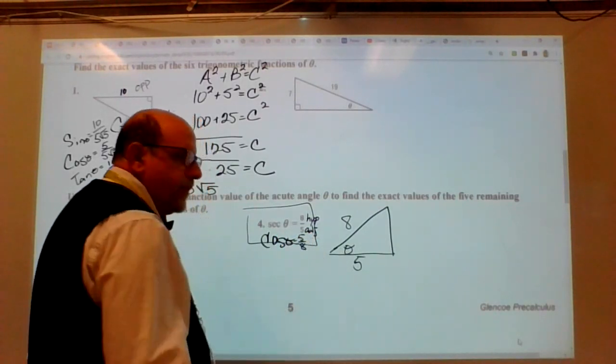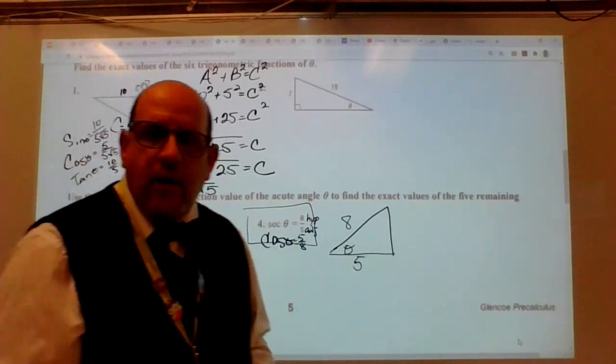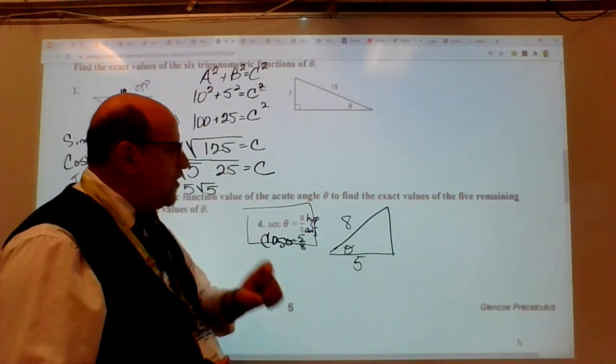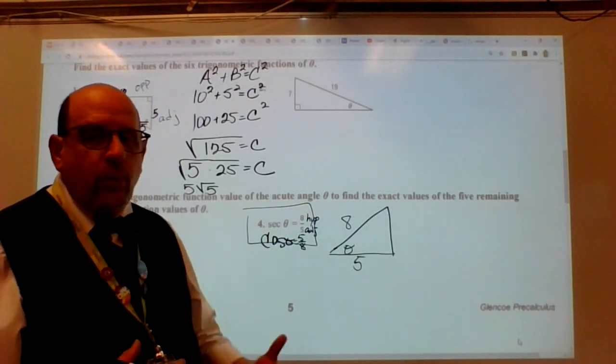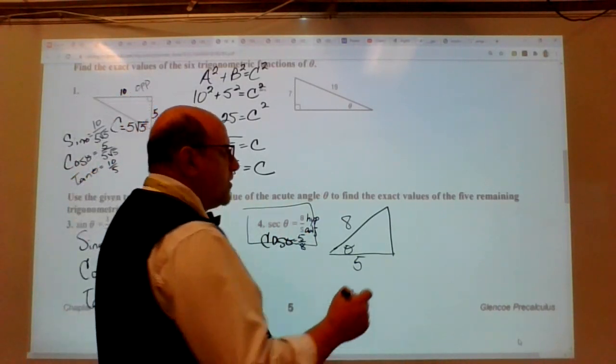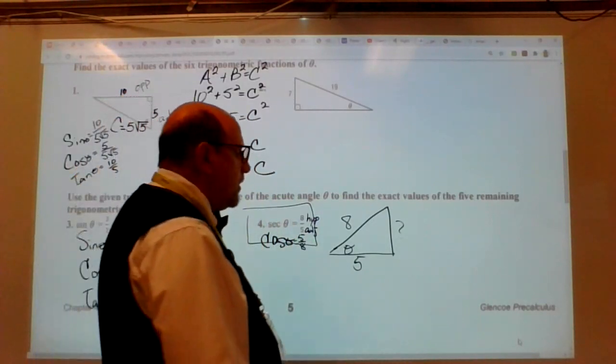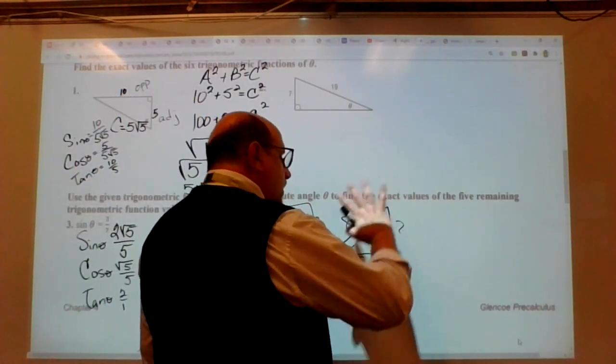Woohoo! I know parts of my other values because I know that this is the hypotenuse and I know that this is the adjacent side. That's really wonderful, but I want to know what that opposite side is. I need to know what that is. So let's use the Pythagorean theorem again, but we're going to use it a little differently.